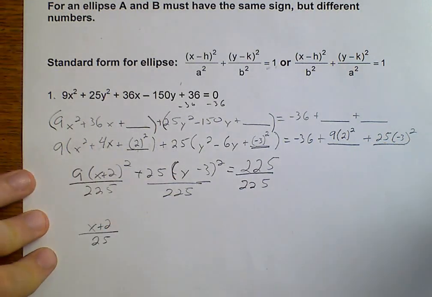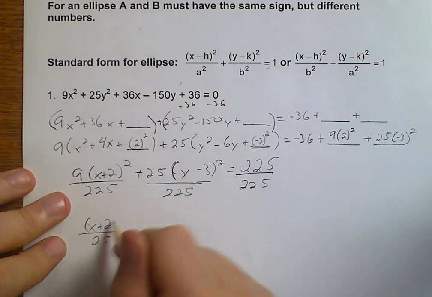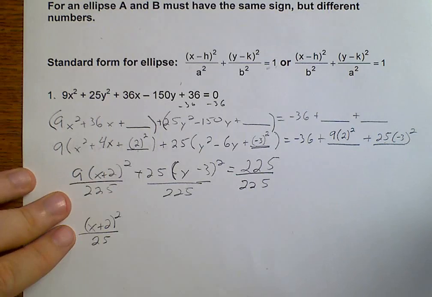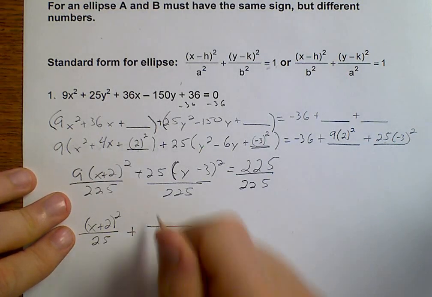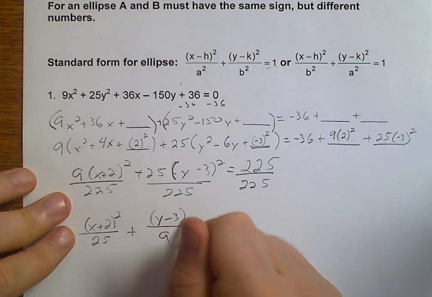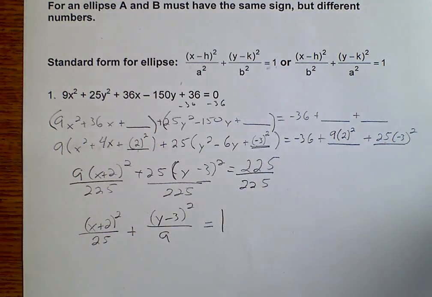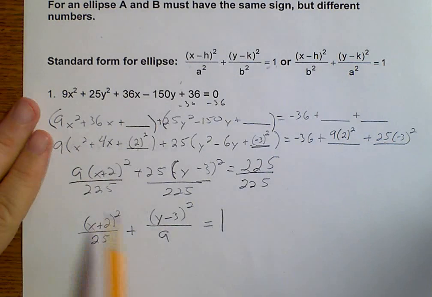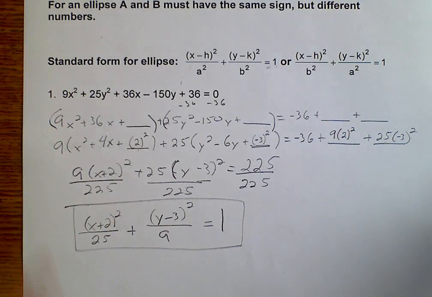So 9 over 225 simplifies to 1 over 25. Can't forget that that's squared. Plus, 225 divided by 25 is 9. So here my denominator is 9. And I just put y minus 3 squared. And all of this equals 1. And so this is a nice handy form for my ellipse.